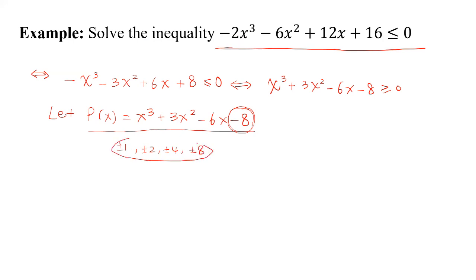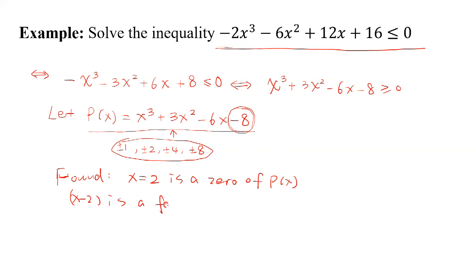Check whether these numbers can make this expression equal to 0. And we can actually find that x equals 2 is a zero of p(x), and then we know x minus 2 is a factor of p(x).